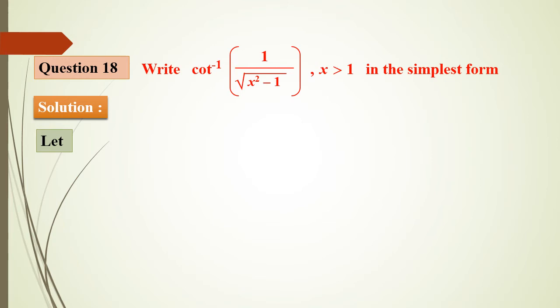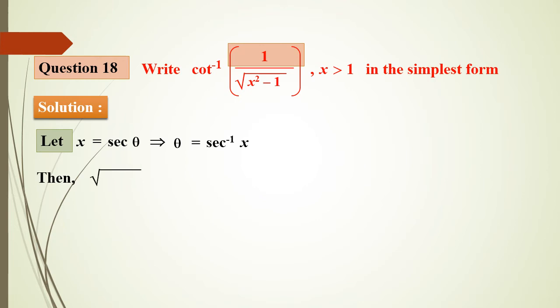Remember, in the denominator, 1 divided by root of x square minus 1 is there. So when you substitute a standard trigonometric function in the place of x, after simplifying you'll get cot. So how are you going to simplify this? Just for the time being, consider x equal to sec theta, then theta equal to sec inverse x.